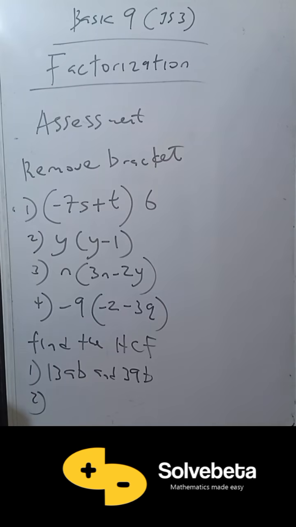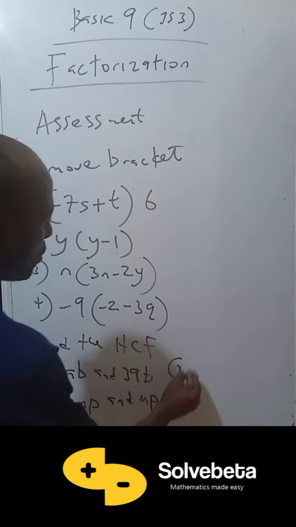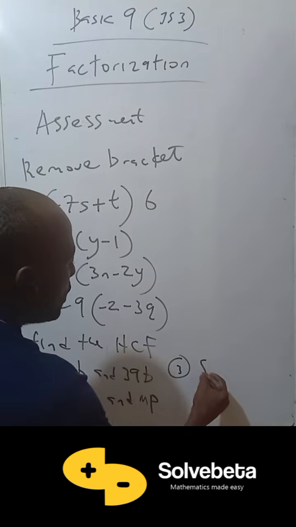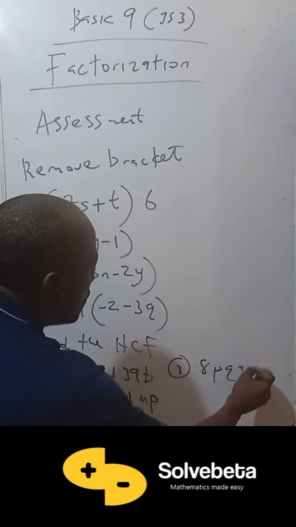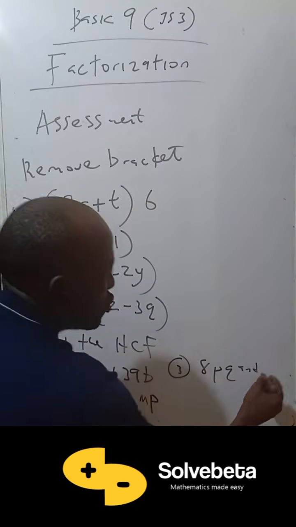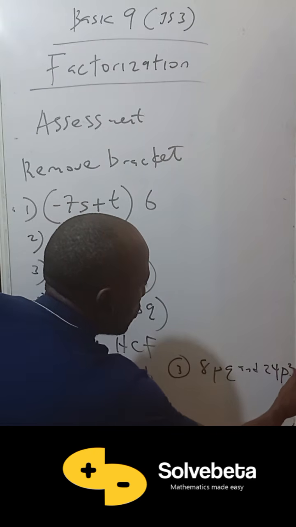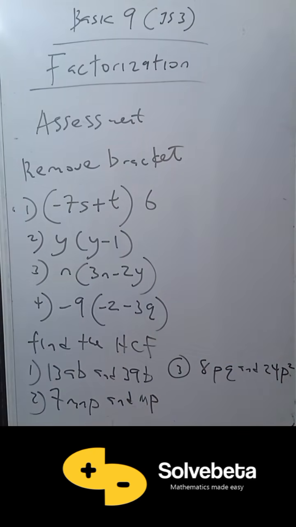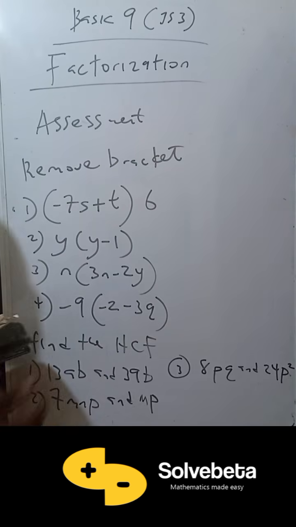Second one, 7mnp and mp. The third, 8pq and 24p squared. So find the HCF of the three and remove brackets from the four.